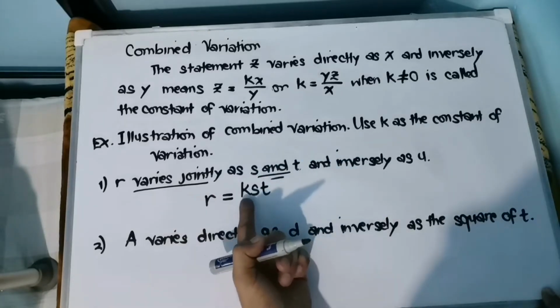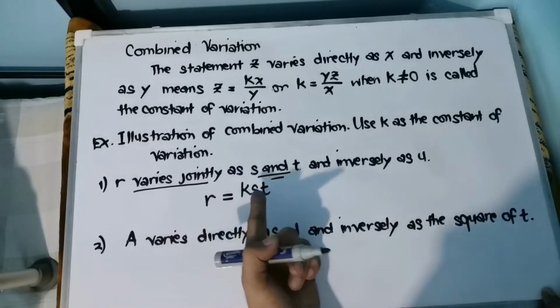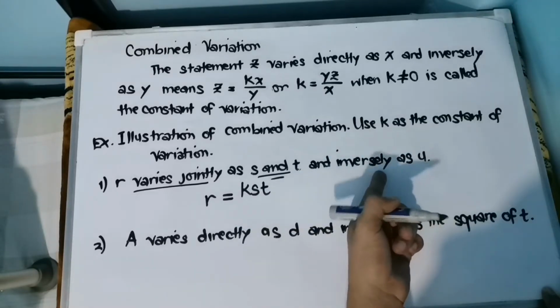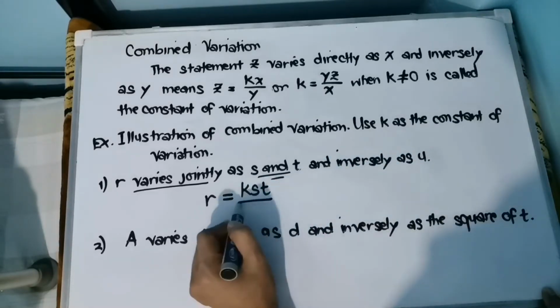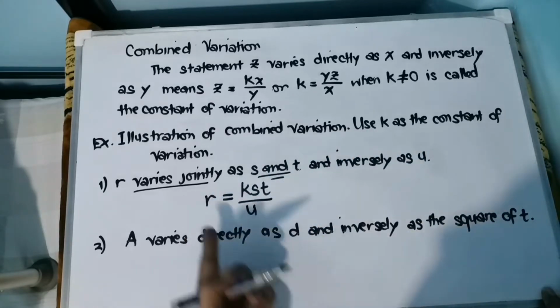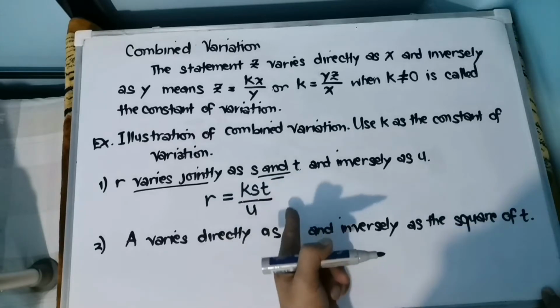So yung K natin na constant of variation, then S and T, and inversely. So when we say inversely, we need to divide it by U. So therefore, it can be written as R equals KST over U.